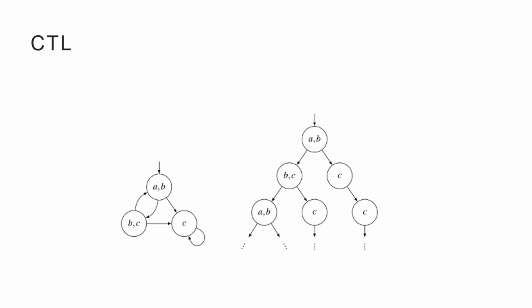As shown in the diagram, the left side represents the Kripke structure we discussed earlier, which can be unfolded into the tree structure on the right, known as a computation tree. To describe the properties of this computation tree, we introduce two types of temporal formulas. A state formula describes the properties of individual states during computation, while path formulas describe the temporal properties related to paths.